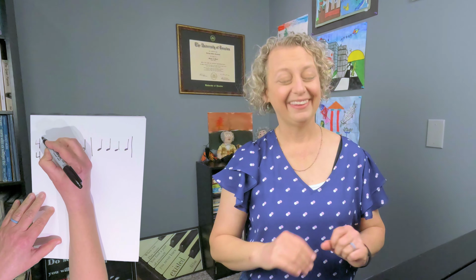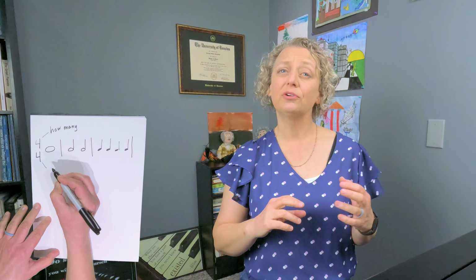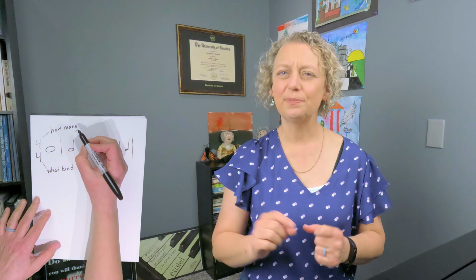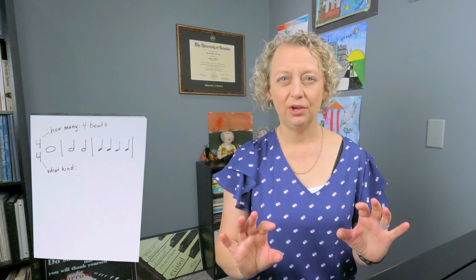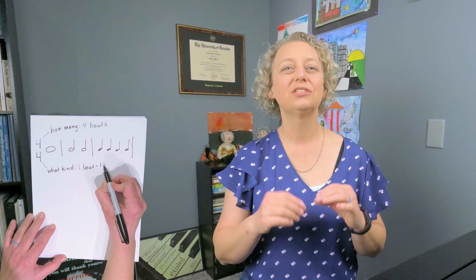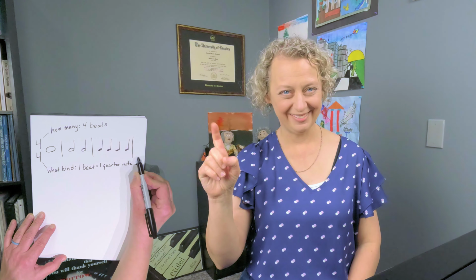In short, the top number will tell you how many beats you have in a measure. The bottom number refers to what kind of note is your beat. At this point, we are going to leave the bottom number as a 4 and know that that number represents our quarter note. So a quarter note is equal to 1 beat.